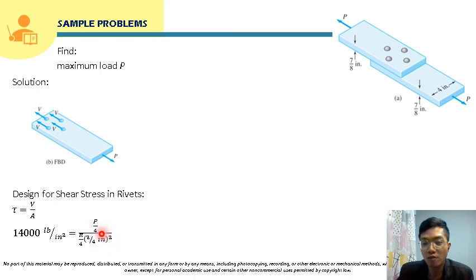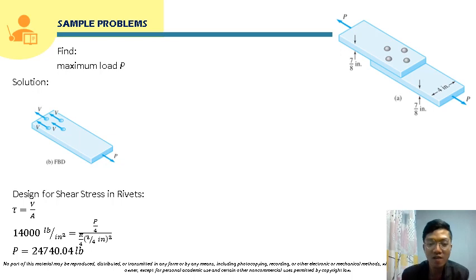The diameter of the rivet is 3/4 inch. Since this is PSI, or pounds per inch squared, the unit here should be in inches also. So we can directly use the given value, which is already in inch, so this will be 3/4 inch and then squared. From here we can solve the value of P. The value of P here is 24,740.04.